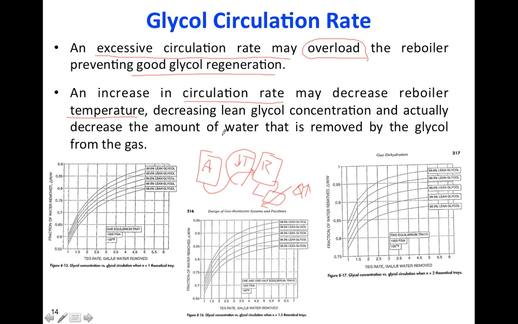When the temperature is decreased, less water will be separated in the reboiler, and the concentration of glycol in the lean glycol will decrease. The amount of water that has to be removed will also decrease. So we will have less pure glycol.